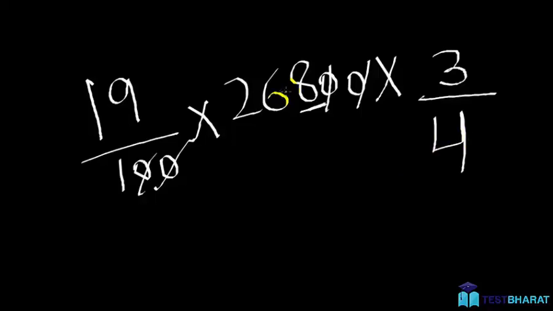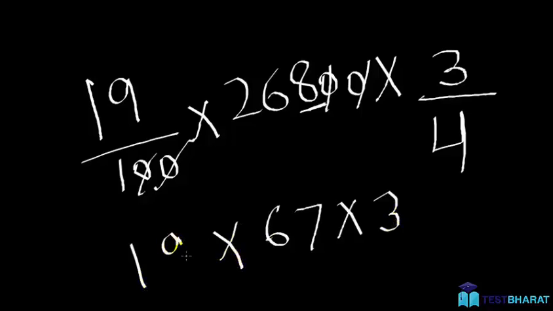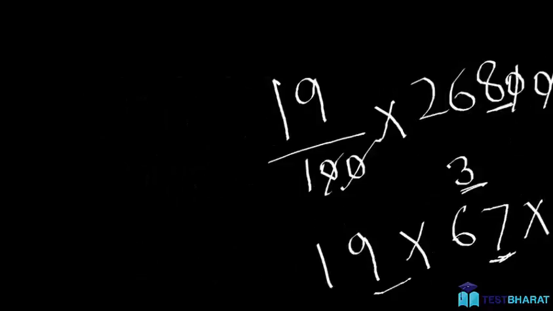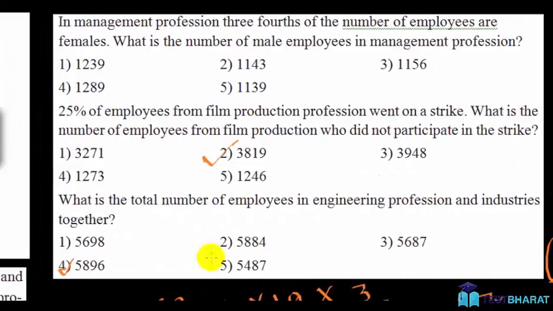So if I divide 268 by 4, that will give me 67. 9 into 7 is 63, so the last digit of 63 is 3. Now I'll multiply 3 into 3, that will give me 9. The last digit will be 9. And which option has the last digit as 9? That is 3819. So this will be my answer, 3819.